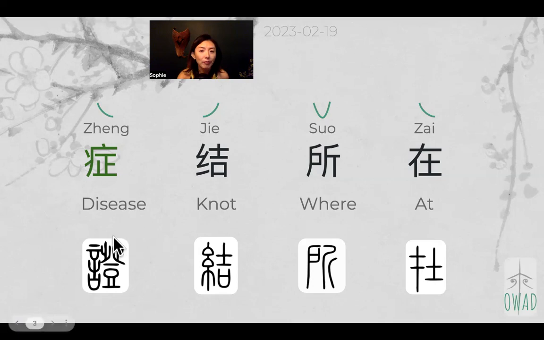As I said before, it's more accurate here to use the symptom meaning of this 症, because symptom means evidence, means the appearance. There could be multiple symptoms pointing towards something, and the doctor is like a detective trying to find the cause, right? From all those traces of symptoms.